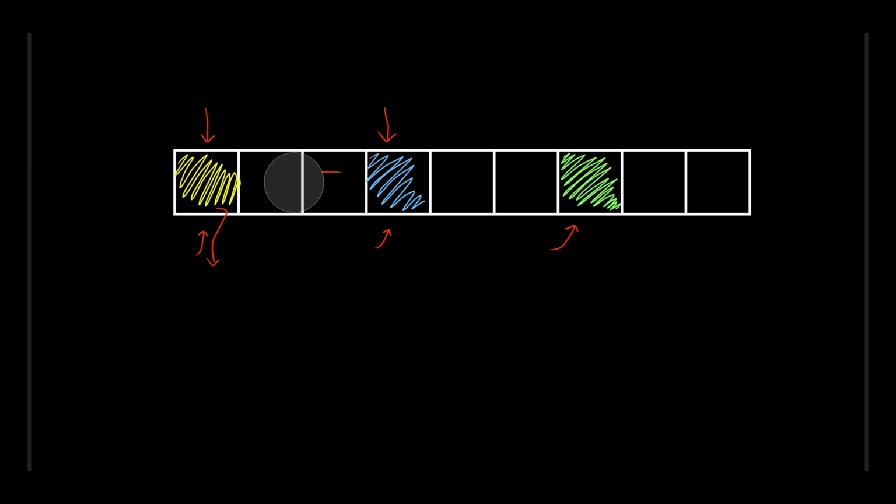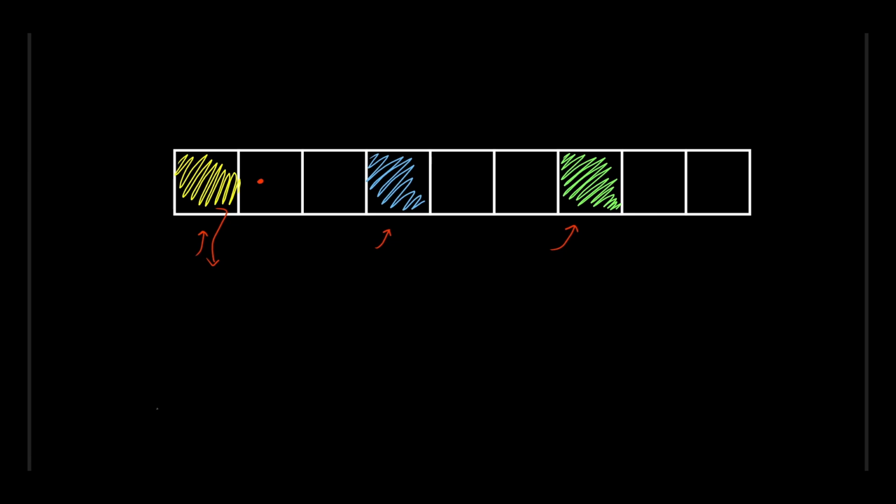So if you look at these elements that are in between, you can see that this element can either be merged on the left hand side or on the right hand side.